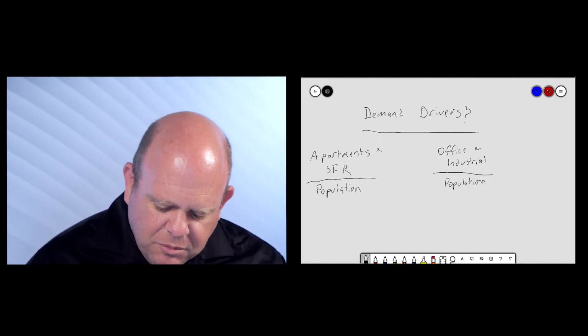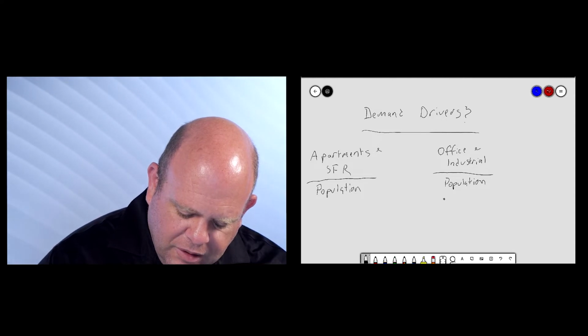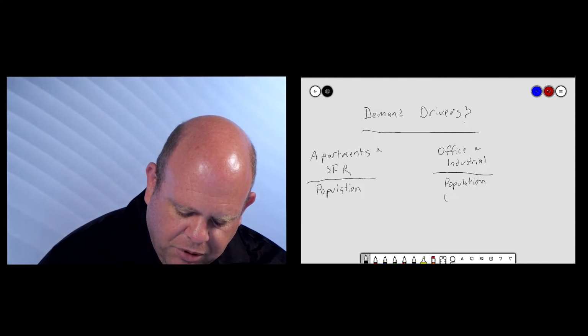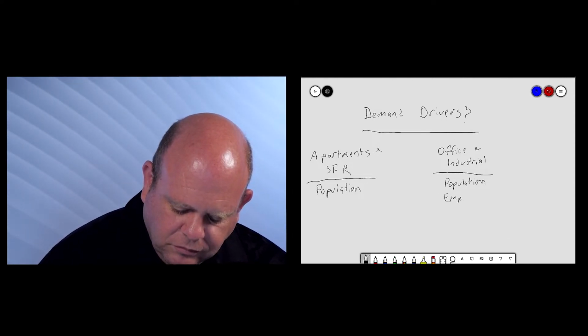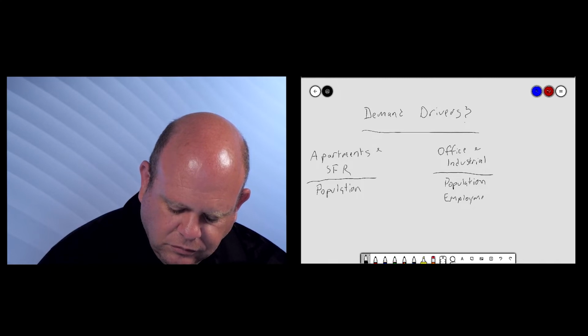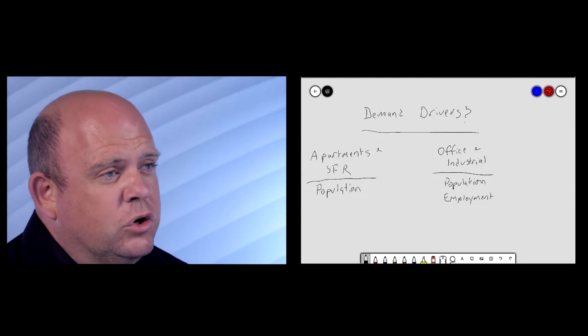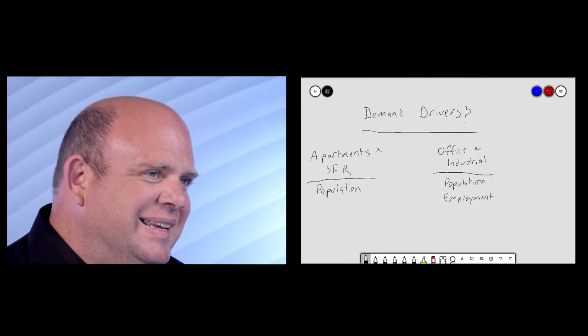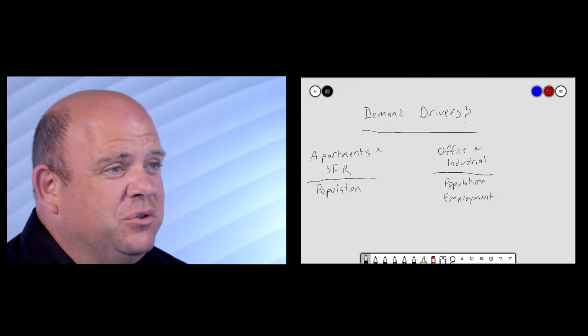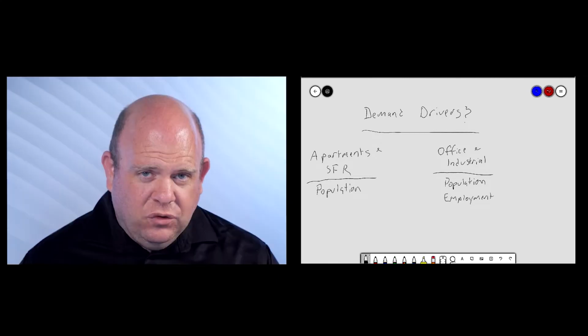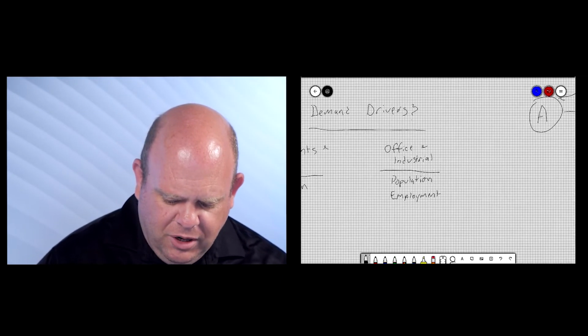That makes sense. But the big one is employment. And that makes sense too, right? The more jobs that are being created, the more need there is for office space or industrial space to fill those jobs. Makes sense, right?